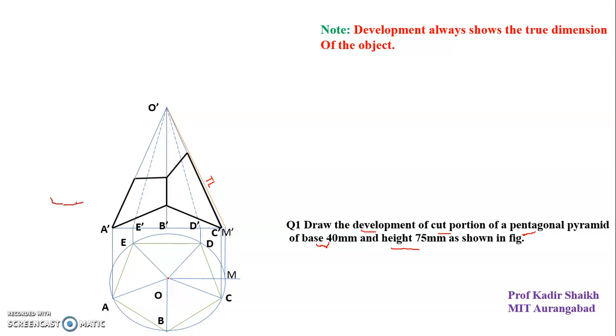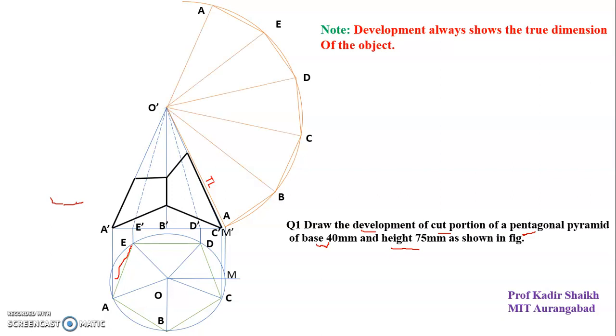So we'll start the development of lateral surface now. With center O dash and radius equal to the true length O dash M dash, draw one arc. After that, measure any side which shows true length in the top view, like AB, in the compass, and draw the 5 sides which will cut the arc at points A, B, C, D, E, and the last point will again be A, as the development of lateral surface of this pentagonal pyramid.